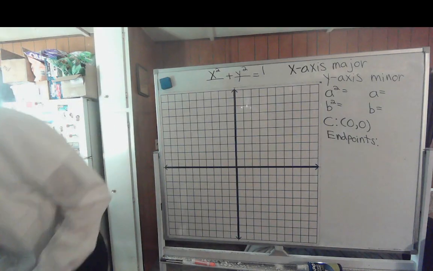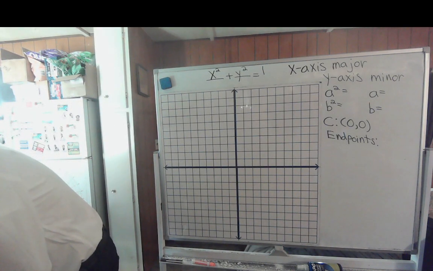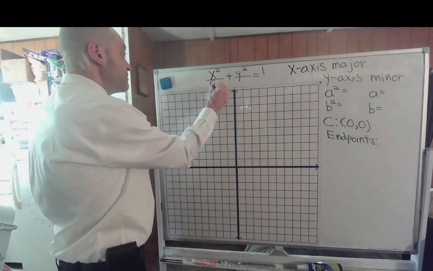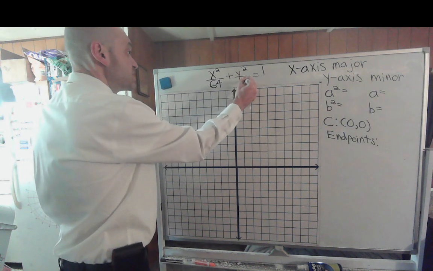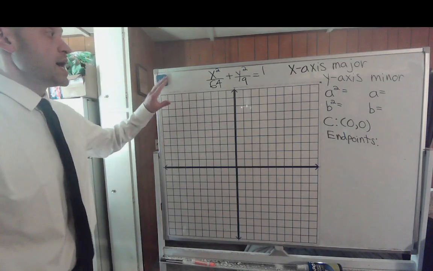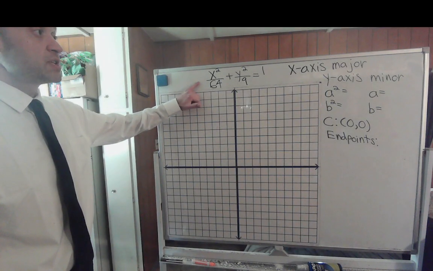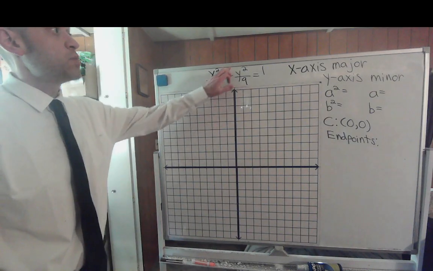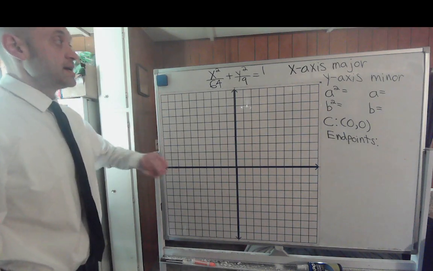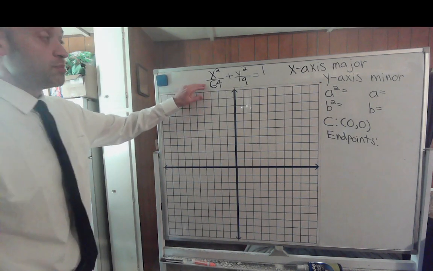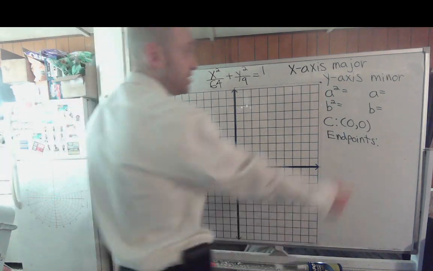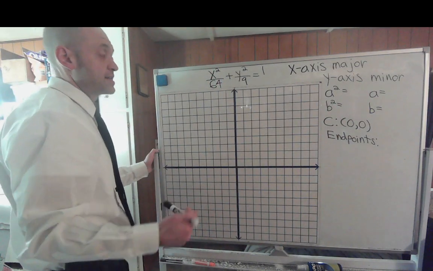So what do we get here? We get x squared over 64 plus y squared over 9 equals 1. Well, again, the bigger denominator is below my x, so the x-axis has to be the major axis, which could only leave my y-axis being the minor axis.